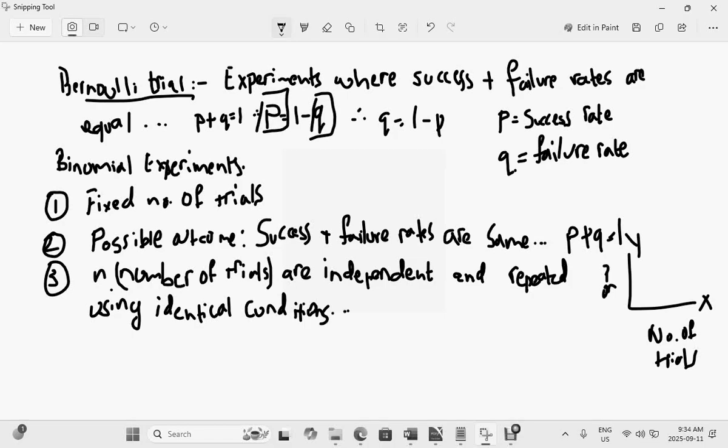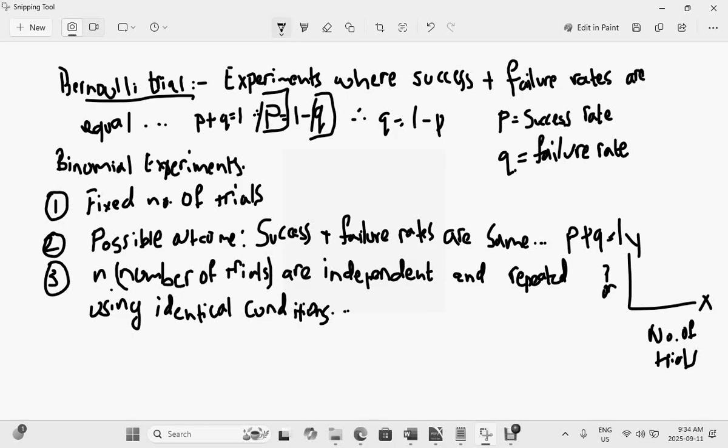So just like a basketball shot, you could have a clinical experiment. These clinical experiments may have n number of trials, a certain number of trials, and these trials are independent of results, whether failure or success. Not to mention the probability of success and failure is equal. P plus Q equals 1.